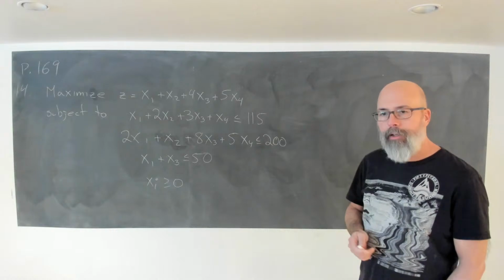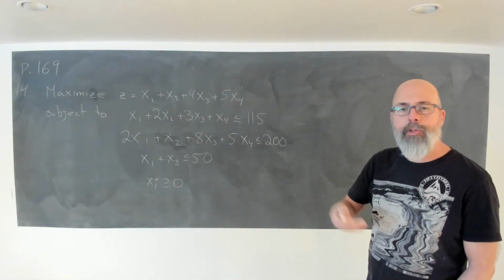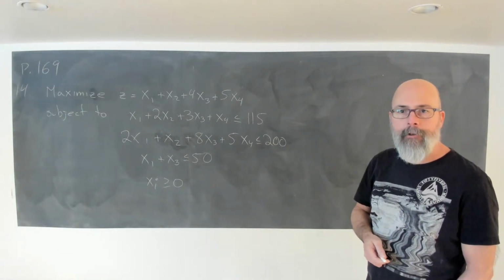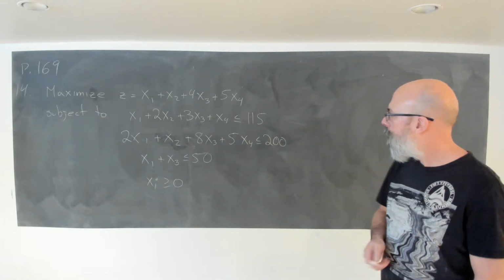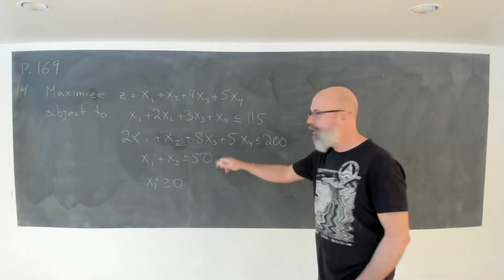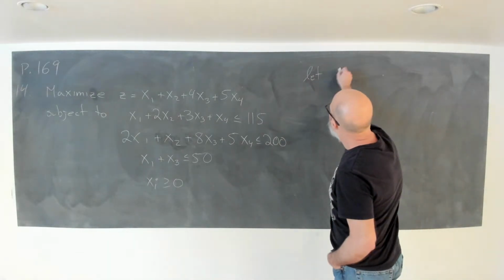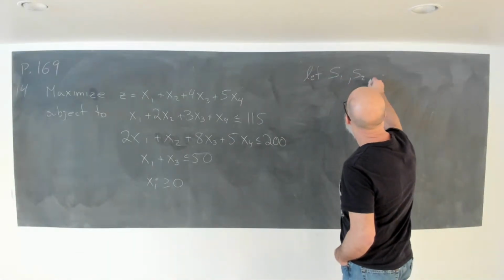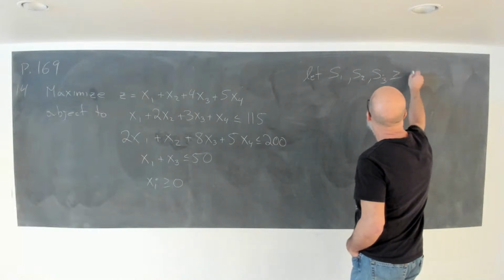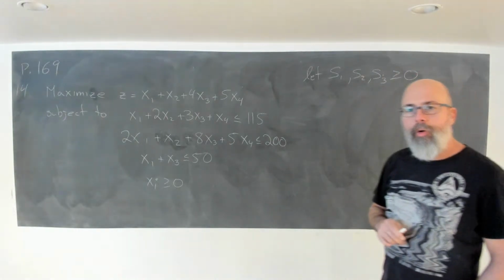The idea, as we saw last time, is to introduce slack variables to transform the inequalities into equations. So let's do that.